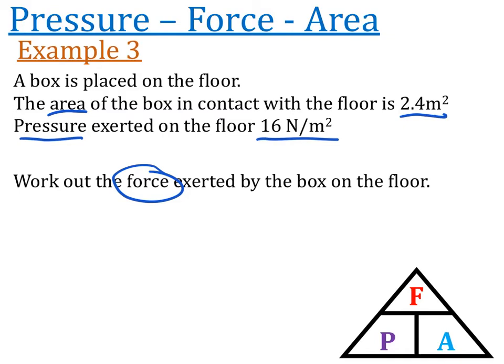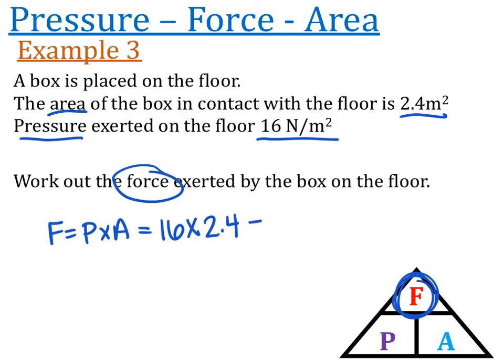We're looking for the force, so we're going to multiply the pressure and the area. So force is equal to pressure times area, which is 16 times 2.4. Grab our calculator. 16 times 2.4 gives us 38.4. And we're looking for the force, so we're looking for newtons.